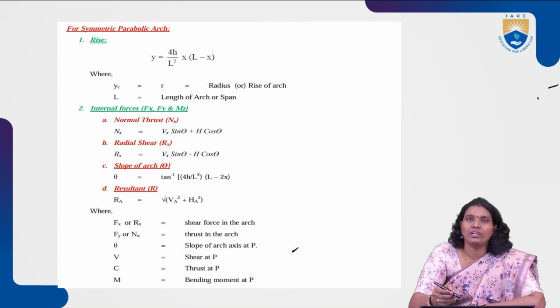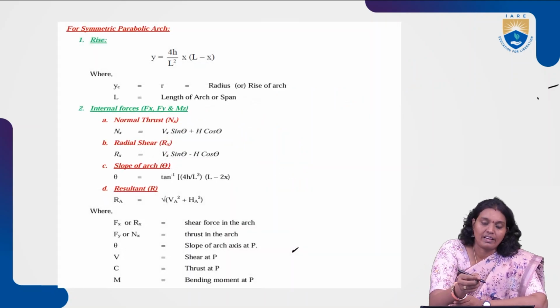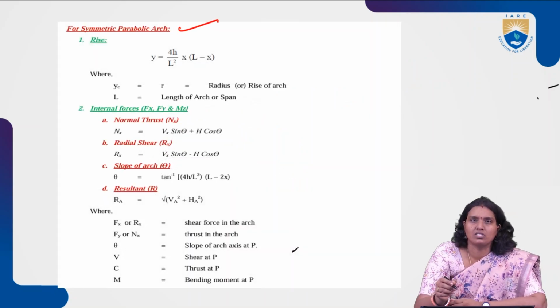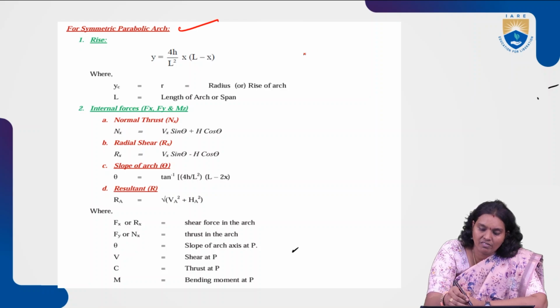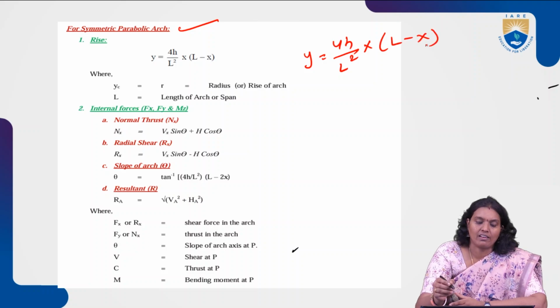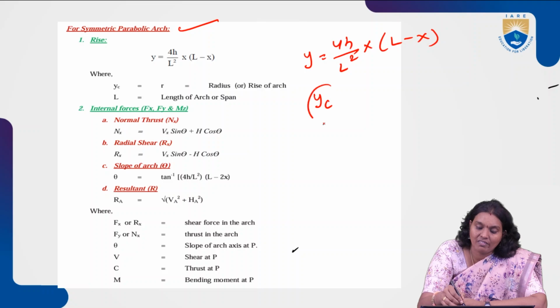In this two hinged arch, for a symmetrical parabolic arch, as per our previous studies, we know y is equal to 4h by L square times x times L minus x. Here yc is the y at the center, that is, r is nothing but the rise of the arch.